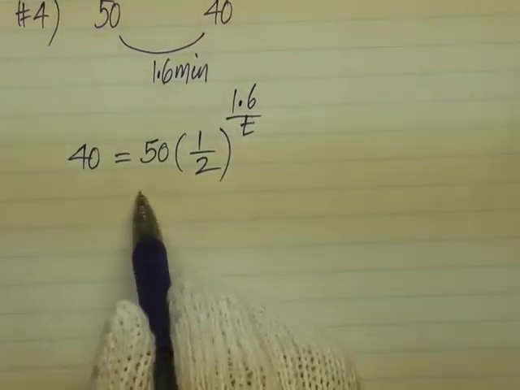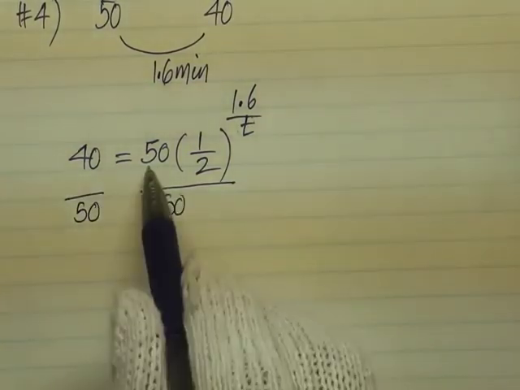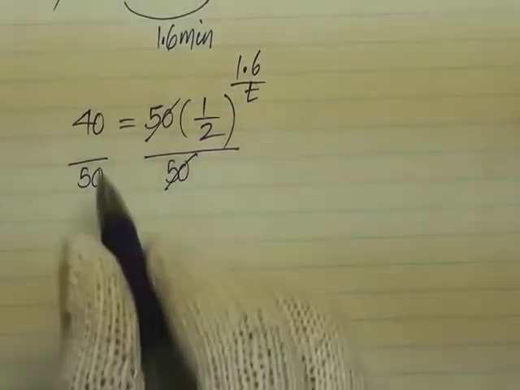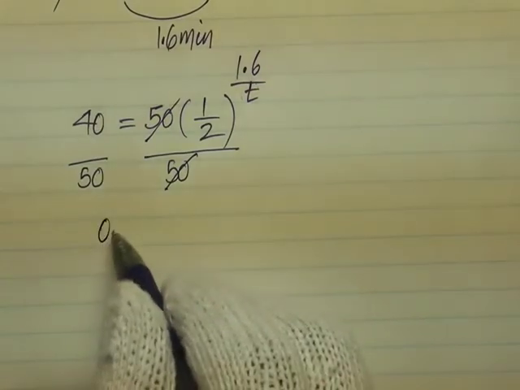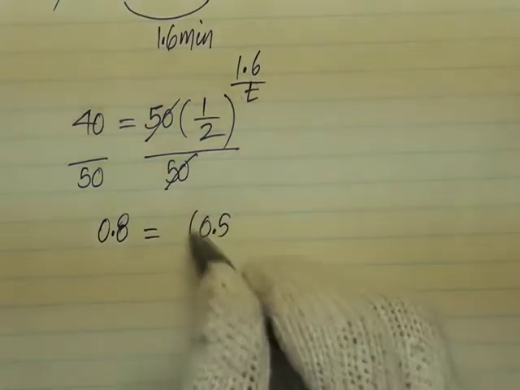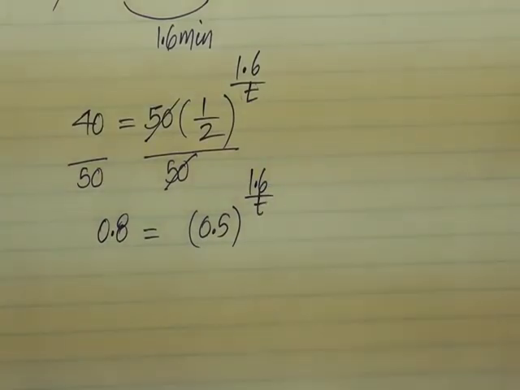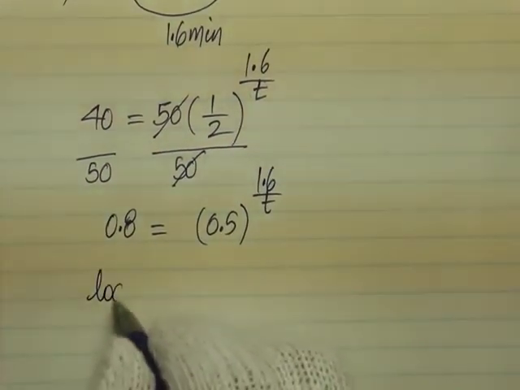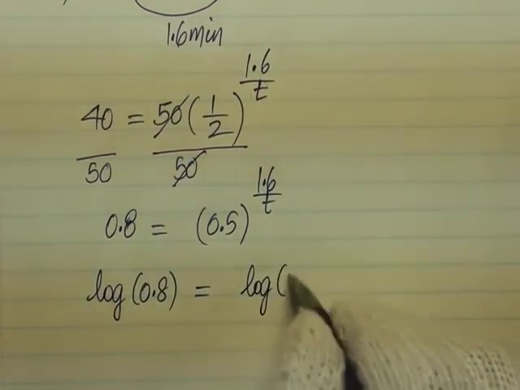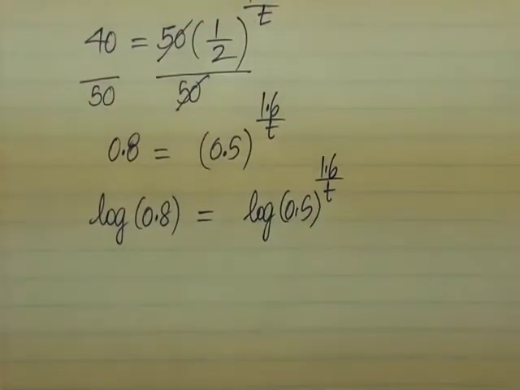So, the first thing I'm going to do is divide both sides by 50. 40 over 50 is equal to 0.5 to the exponent 1.6 over t. I take the log of both sides. This will bring my exponent to the front.